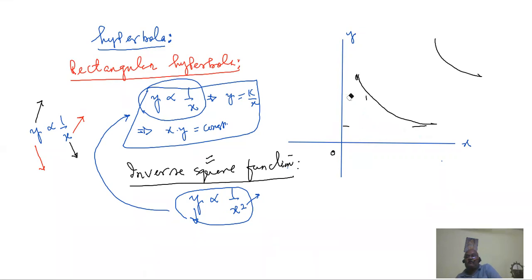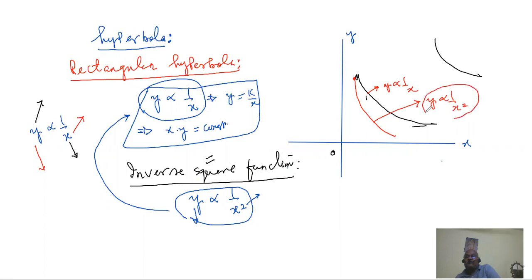Let me clear up some space. If they are starting from the same point, here this curve is the rectangular hyperbola, y is proportional to 1 by x. For the inverse square function, the curve is to be like this. That drops very quickly as x increases. So for this, y is proportional to 1 by x square.